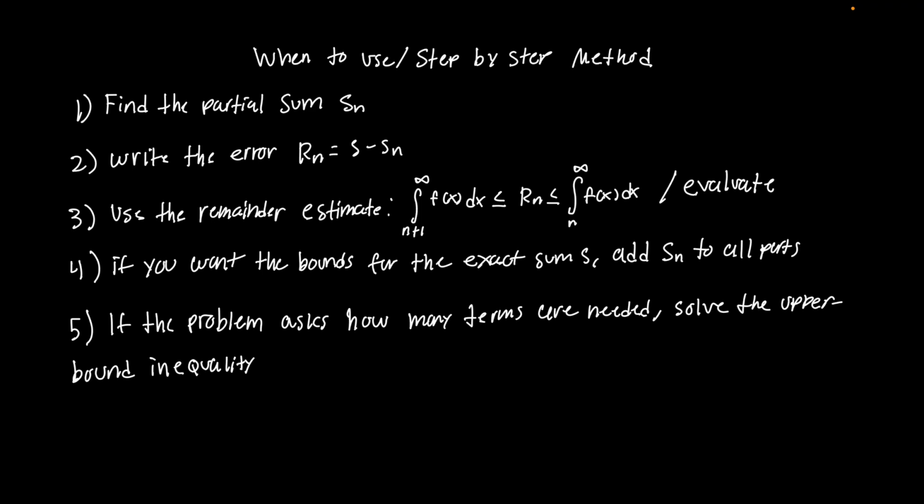So we will see step 5 in an example, and also the rest. So this is a step-by-step method for now. So you can write it down if you want to, and now let's actually move on to an example.